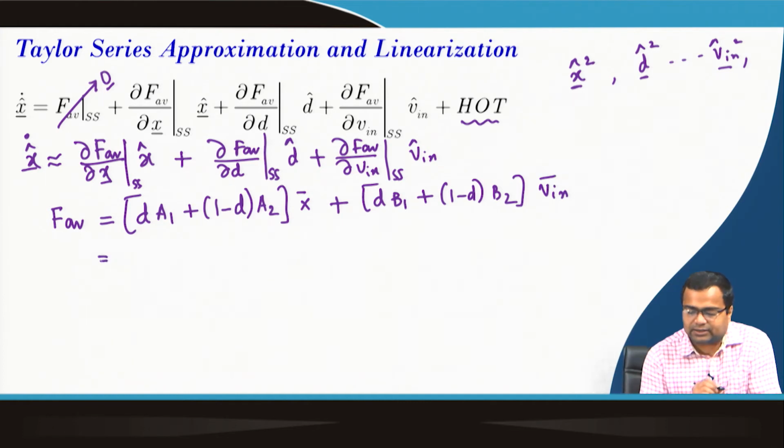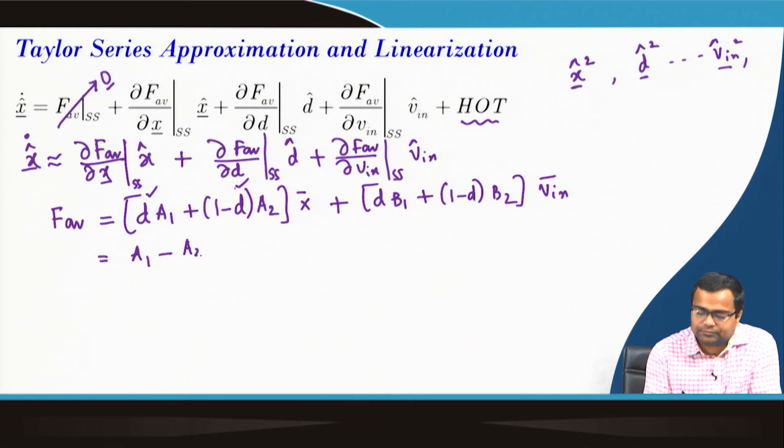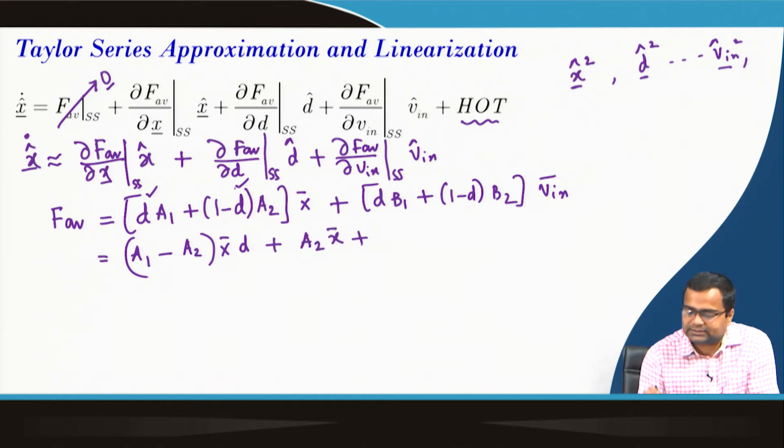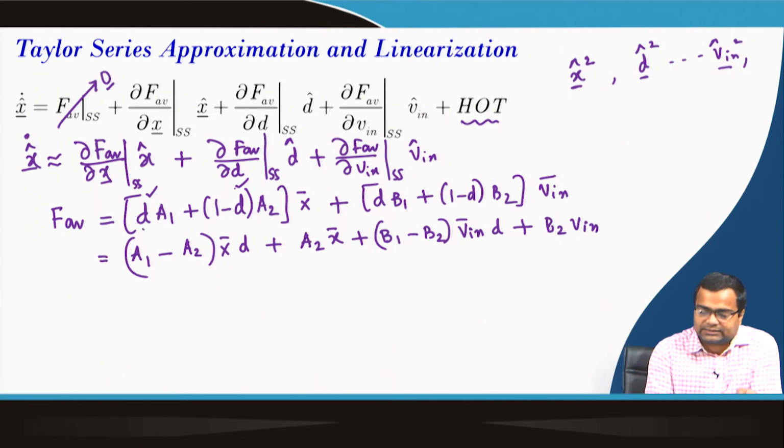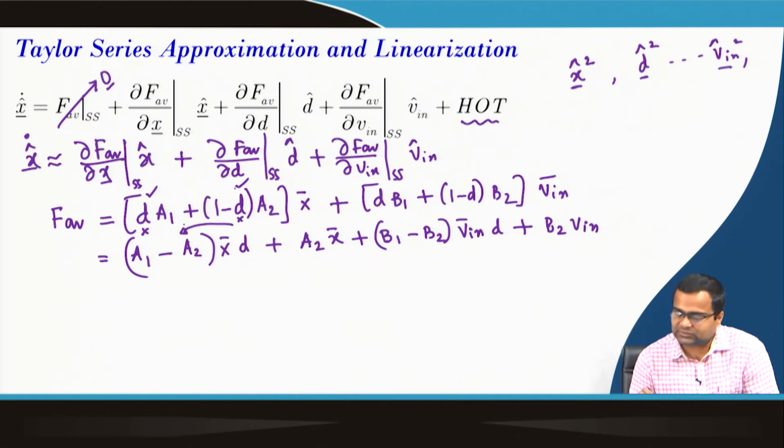So, you can write further, we can take A 1 minus A 2 into x into d plus A 2 x, plus B 1 minus B 2 into v in into d plus B 2 into v in, because this term and this term are accumulated to get this term. Okay? Similarly, this term and this term are accumulated to get this term.